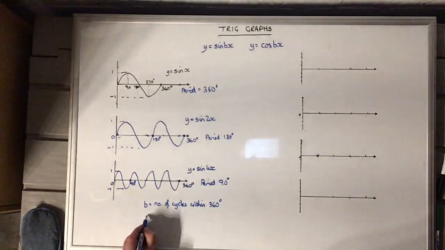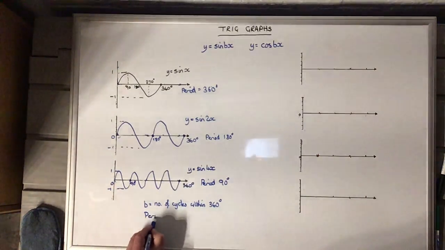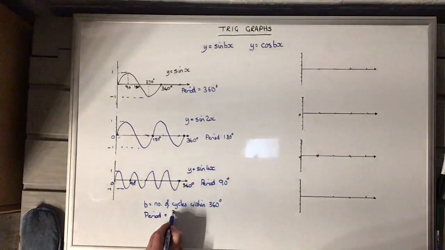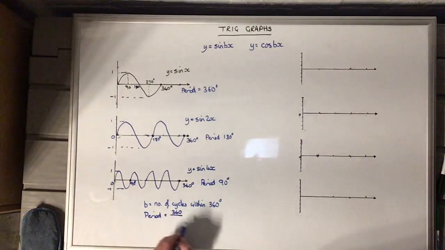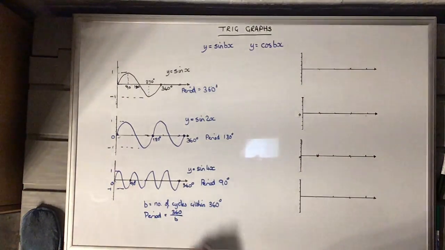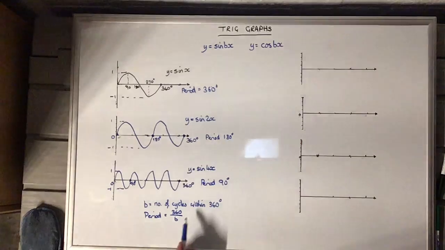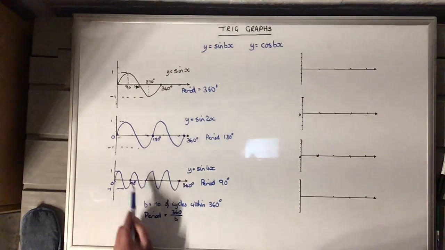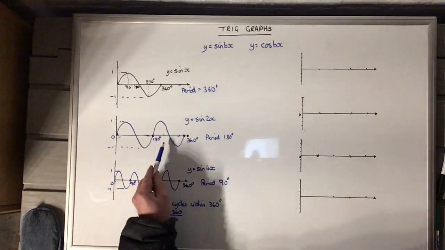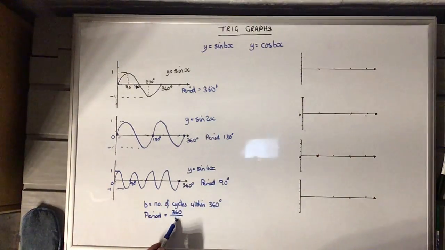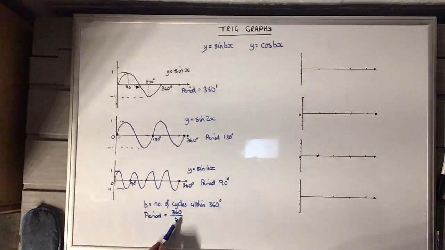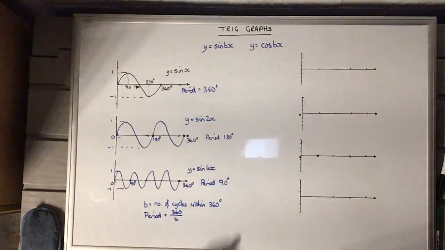So to work out the period of the wave for sine and cosine, it's 360 degrees divided by b. 360 divided by b, where b is 4, is 90. That's how long it takes for one wave. And for this one, 360 divided by 2 is 180. And for the standard one, 360 divided by 1, which is 360. So that's how we work out the period.